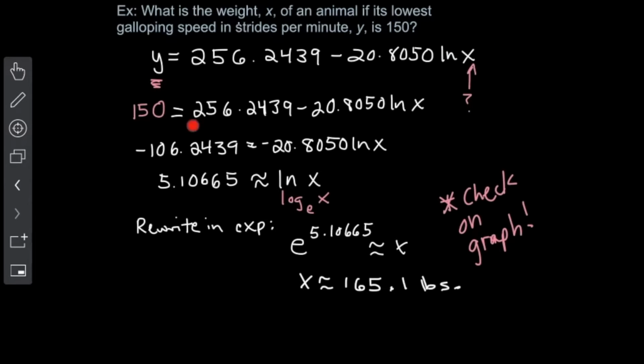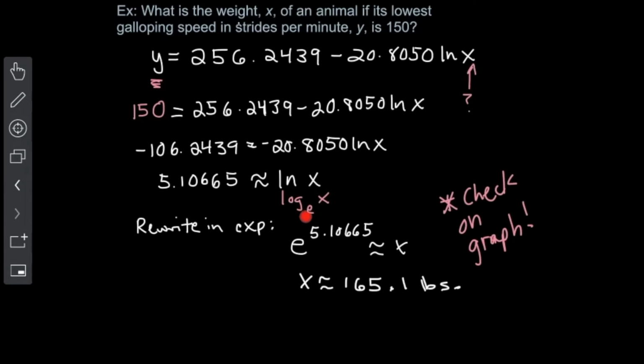So if we subtract our 256 from both sides, we get negative 106.2439 is equal to, remember to keep that negative there in front of the 20, and then if we divide in this step, on this part of the equation, we're going to get 5.10665. Remember, we're rounding to 4 decimal places most of the time with these log equations, so keep an extra decimal place. I've got 5 here, as you can see. And we are saying that that is the approximation for ln of x once ln is by itself.